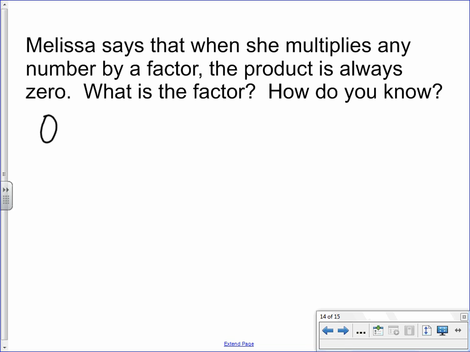Great. What property of multiplication tells us that any time we multiply a number by 0, the product is 0? Christian? Yes.